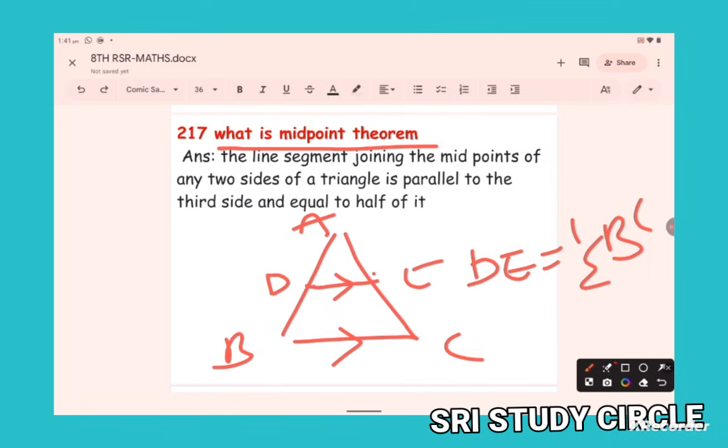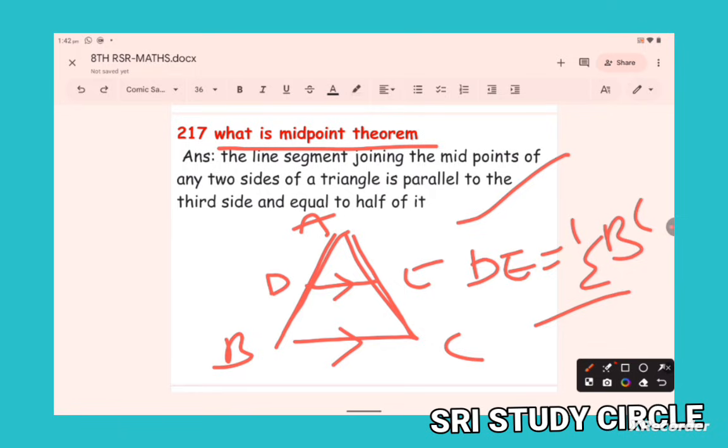A line joining midpoints of two sides of a triangle is parallel to its third side and half of it. Therefore, DE is equal to half of BC. So this is known as the midpoint theorem.